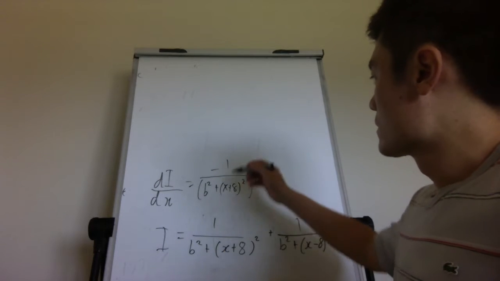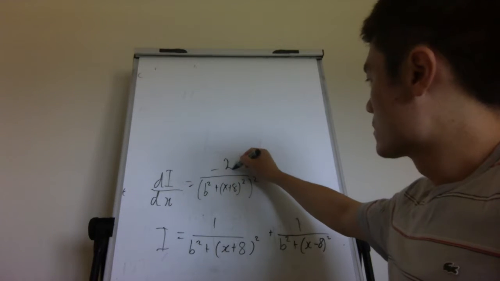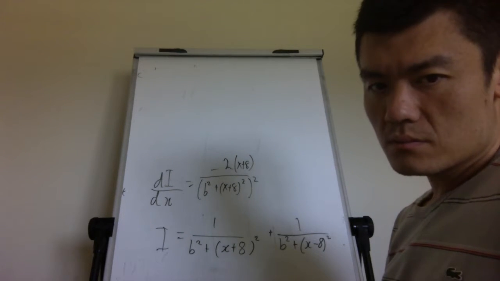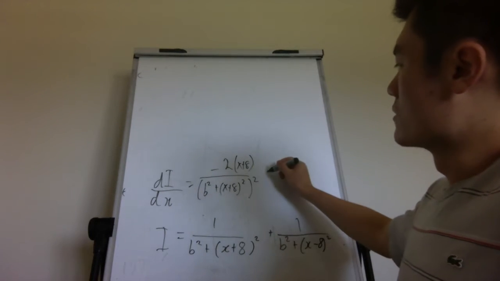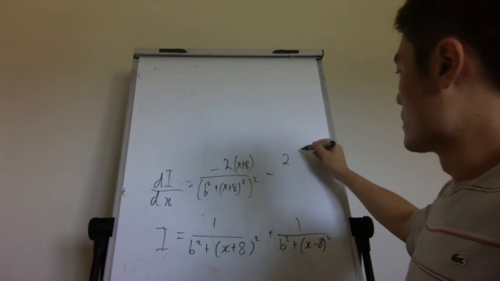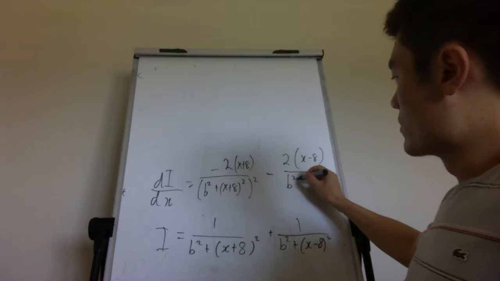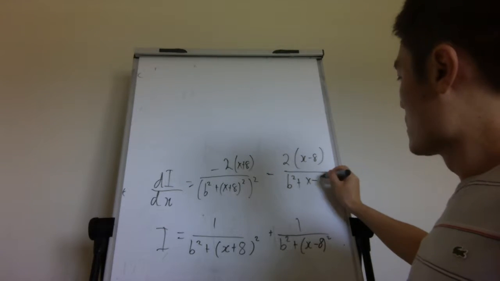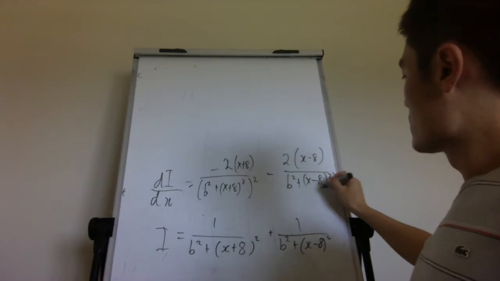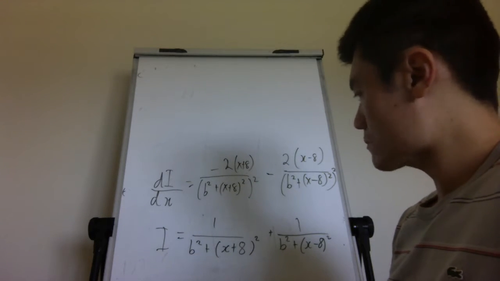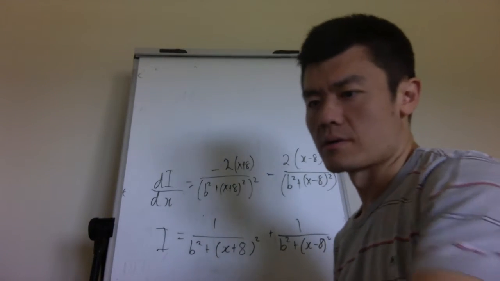Then similarly, this one will be x minus 8 over b squared plus x minus 8 squared, all squared.